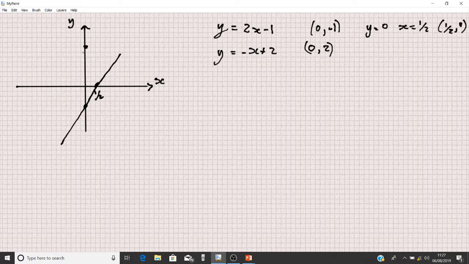And we can look at when y is 0, x must be 2. So that's a half, that's 1, say 4 squares, 1, 2.